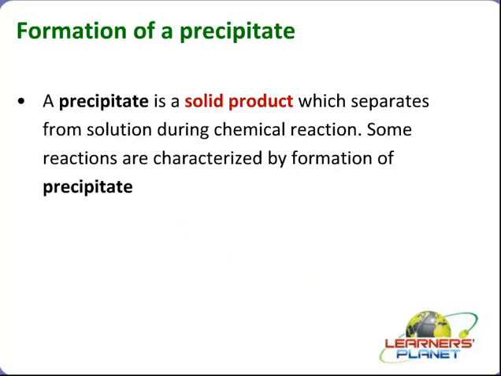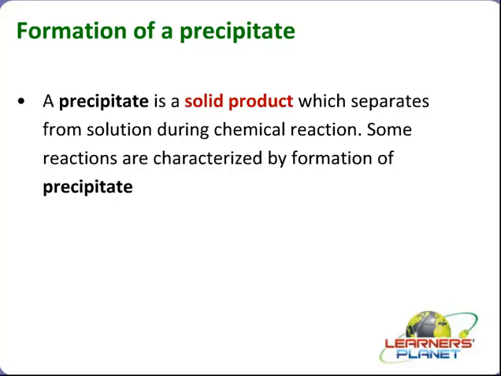Now another change which we observe when a chemical reaction takes place is formation of a precipitate. Now students, do you know what is a precipitate? You must have added soil into water. What happens? That soil settles to the bottom of the test tube. Now if you go on adding sugar to, say, 10 ml of water, what will happen?